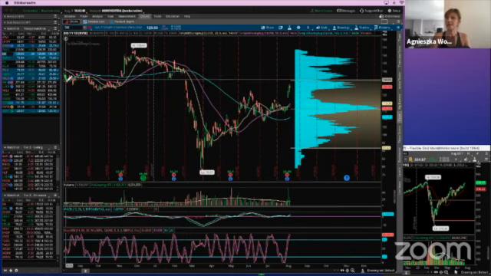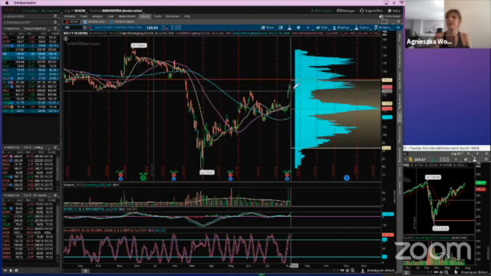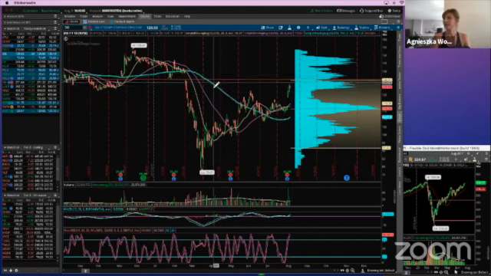Mind you, there is a resistance level here. You see multiple. So this could be a nice move. And if it does not go over the Friday's high, it might pull back. So it's worth watching.